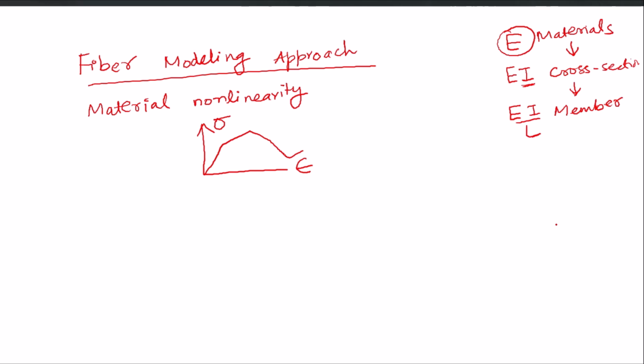For concrete, we must define a nonlinear stress strain curve. For steel also, we have to define the nonlinear stress strain curve. So we will tell the program that that's how my concrete is going to behave in my model, that's how my steel is going to behave in my model. And then the program can perform nonlinear analysis and tell you a more realistic picture of the structural response.